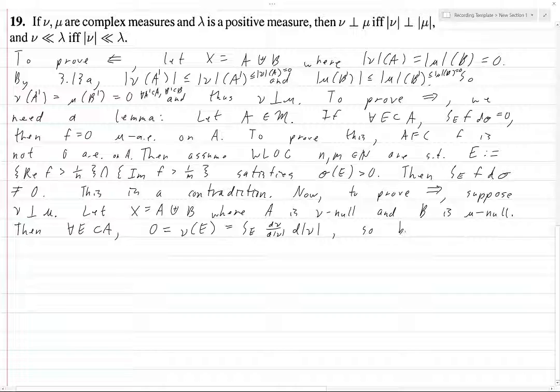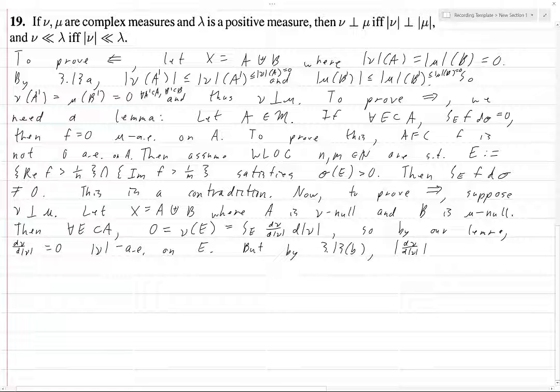And then, by our lemma, d nu equals 0, norm nu almost everywhere on E. I'm just going to call that norm nu. But by 3.13b, this thing is equal to 1 nu almost everywhere.